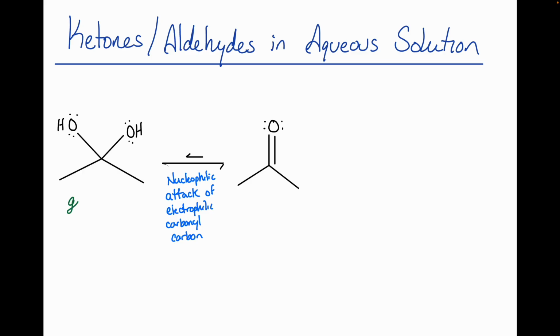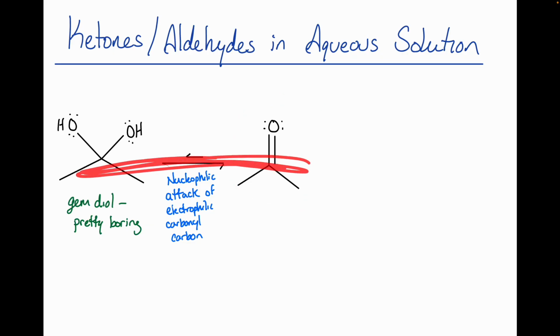And it turns out that this gem diol that you form here is pretty boring. It itself does not go on and do any other reactions. And since this equilibrium lies pretty strongly in favor of our ketone, yes, this is always going back and forth, but there's not anything interesting that will happen with that gem diol.